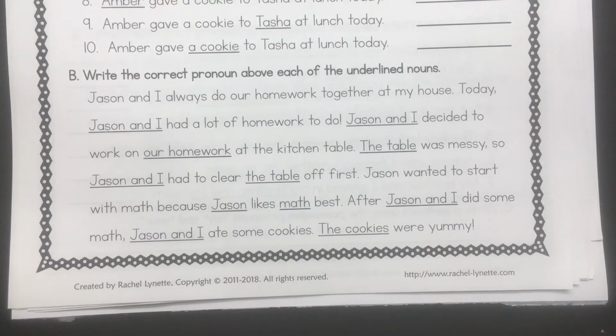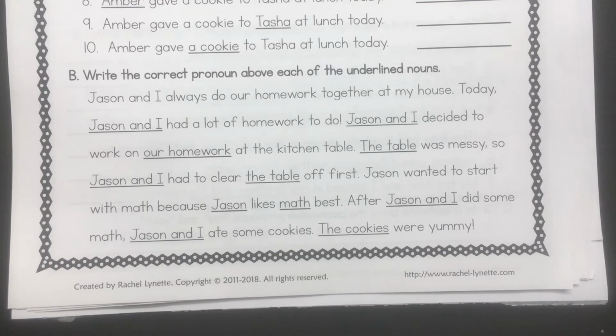So if I read this to you, it should sound kind of boring and wordy because it says the same thing over and over and over, okay? So Jason and I always do our homework together at my house. Today, Jason and I had a lot of homework to do. Jason and I decided to work on our homework at the kitchen table. The table was messy, so Jason and I had to clear it off. So do you notice how it says it over and over?